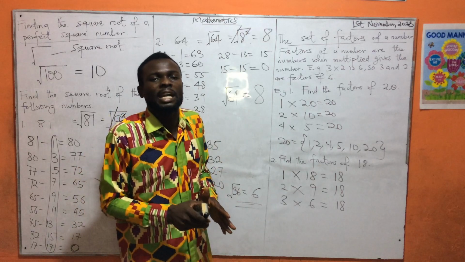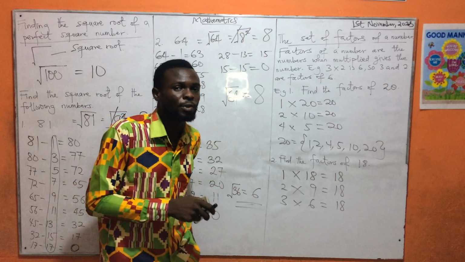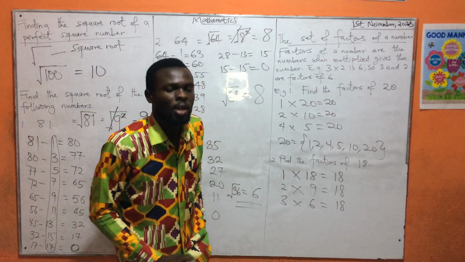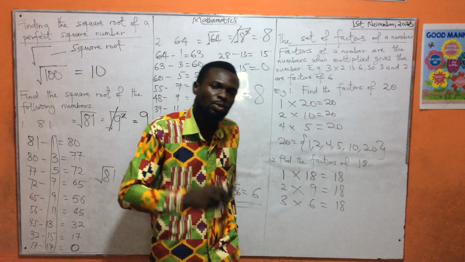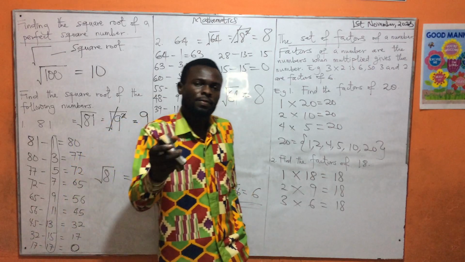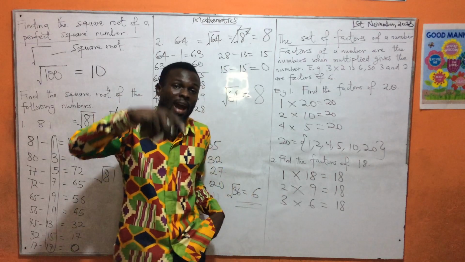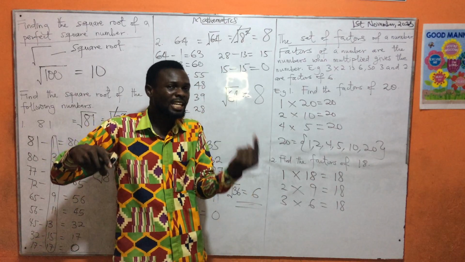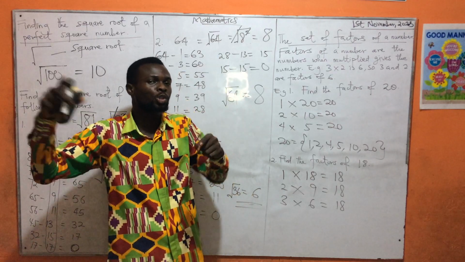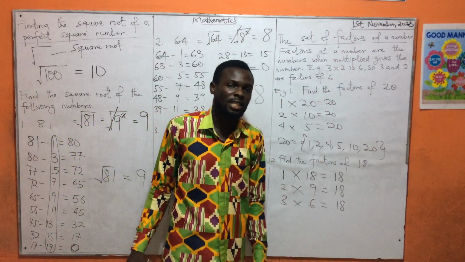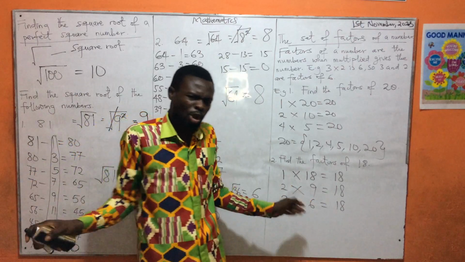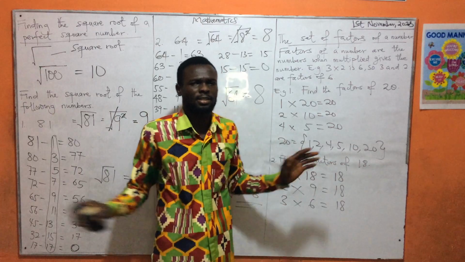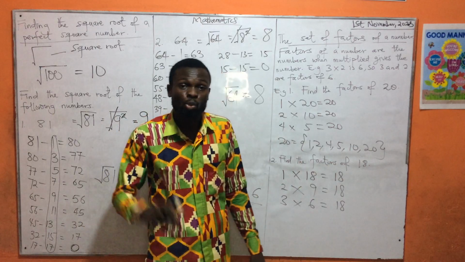So if 4 is not a factor, let's go to the next number. After 4, where do we go to? 5. 5 times 1 is 5. 5 times 2 is 10. 5 times 3 is 15. 5 times 4 is 20. 20 is bigger than 18. So it means 5 is not a factor of 18. After 5, where do we go to? 6.